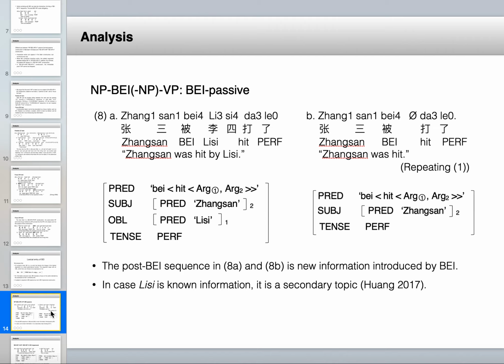So here are the F structures for 1A and 1B. The post-BEI sequence is new information, or focus, introduced by BEI. In this case, Li Si is old information, it is a secondary topic, and the focus is only this verb.